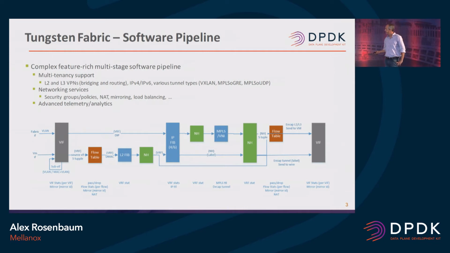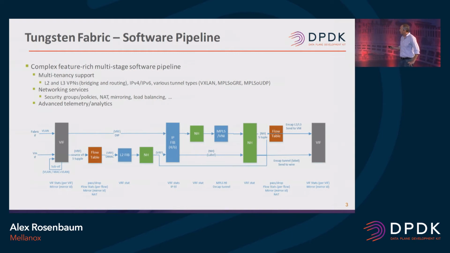L2 forwarding tables, IP or L3 forwarding tables, and next hop tables which define what to do with it. At the end of the flow we have another virtual interface, and these virtual interfaces can be the wire port or the VMs, depending on where the traffic is coming from and going to. It can act as a router between multiple ports. It can act as a switch router between the VMs and different network layers.